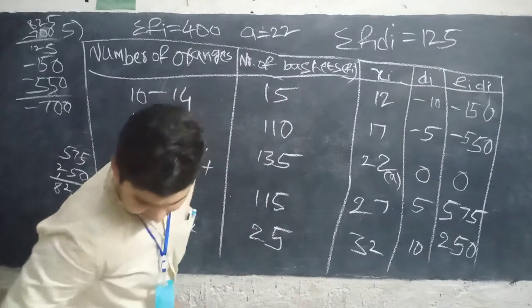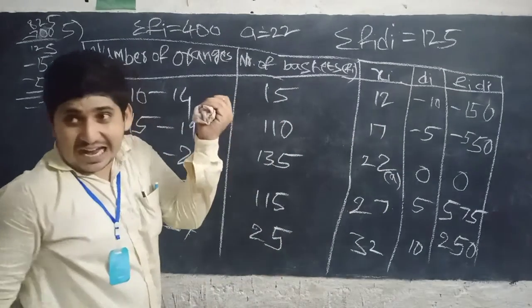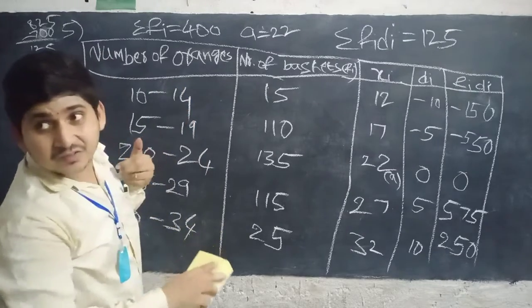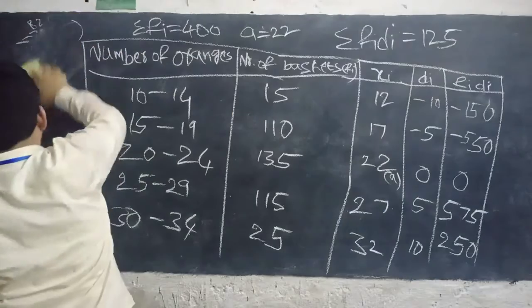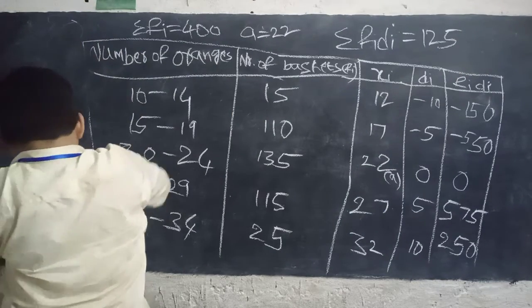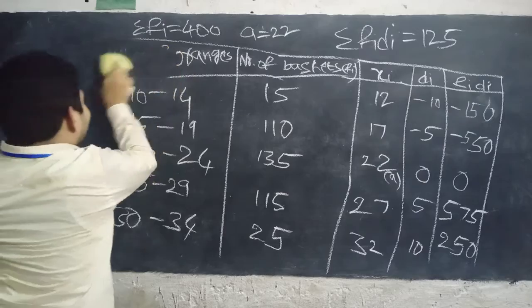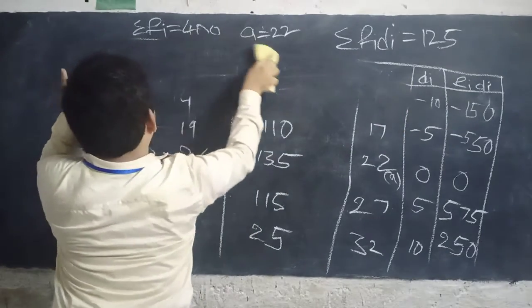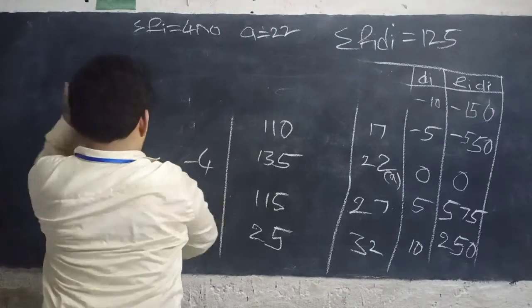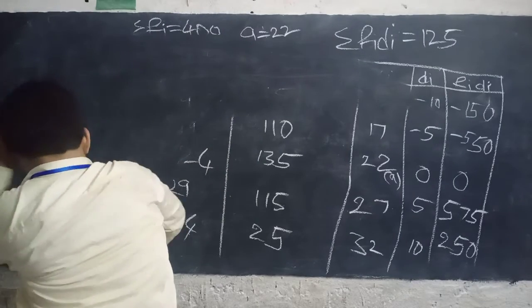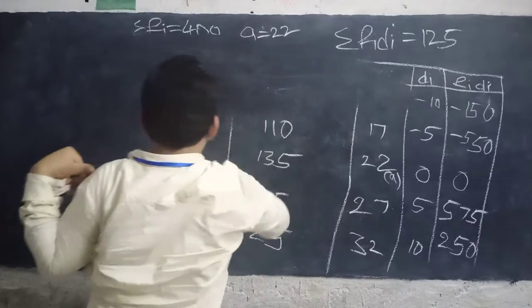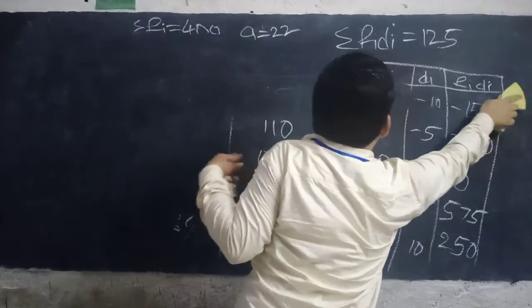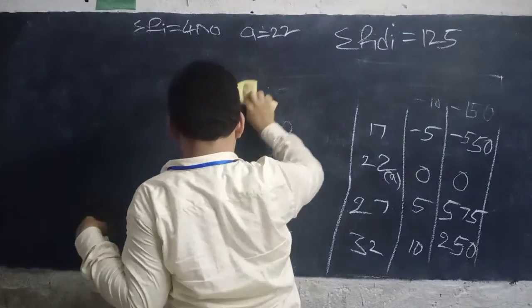Now you have to calculate the mean value. This is the assumed mean method, no. What is the form of the assumed mean method? X bar equal to A plus sigma fi dA by sigma fi.